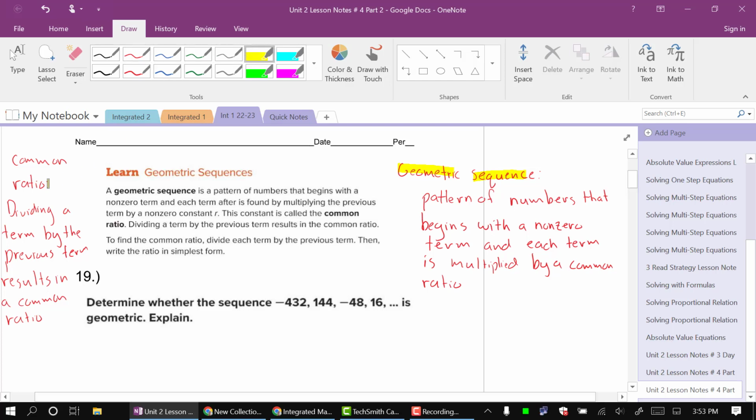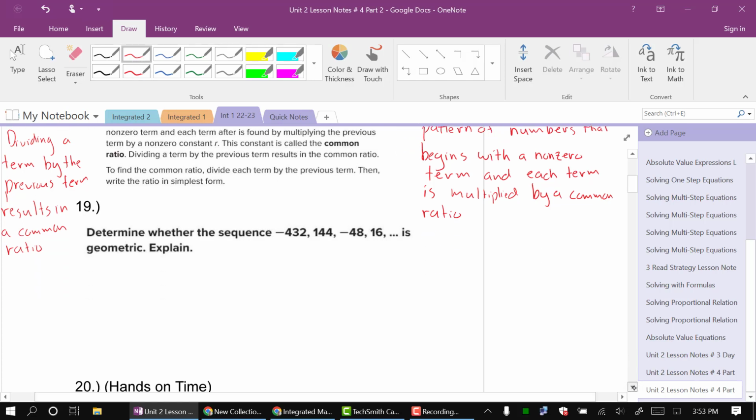So we're going to use both of these ideas today to help us out with geometric sequences in this video.